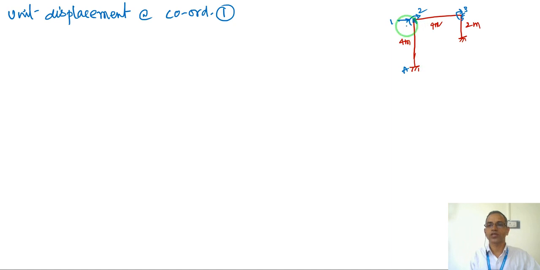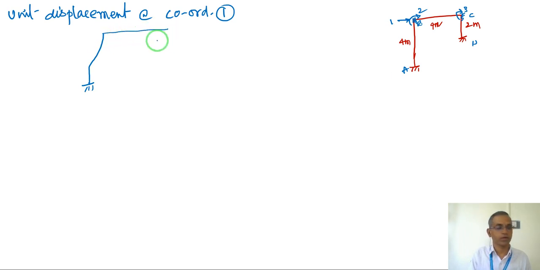Let us say this is A, point B, C and D. If I draw the effect of this unit displacement applied at joint B laterally, the structure deforms like this and this member remains as it is.